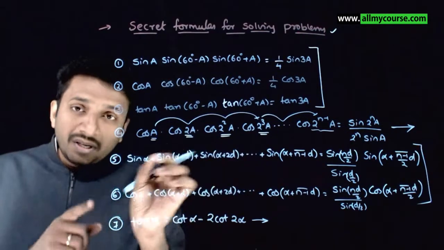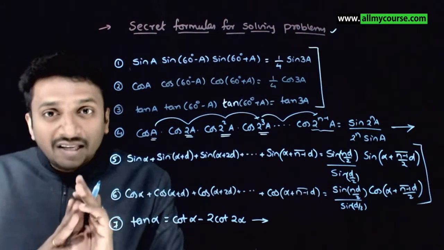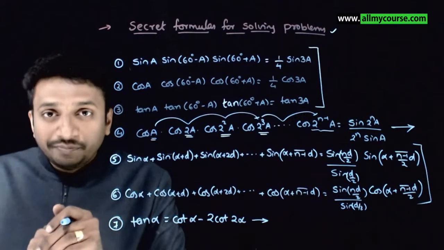This formula will be used for product sequences containing angles in GP with common ratio 2.